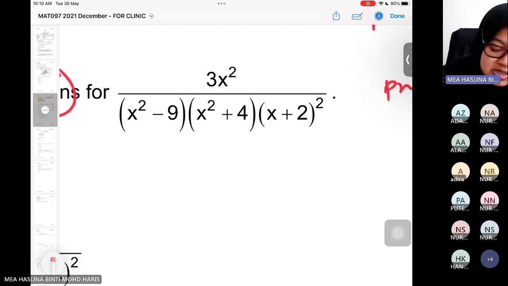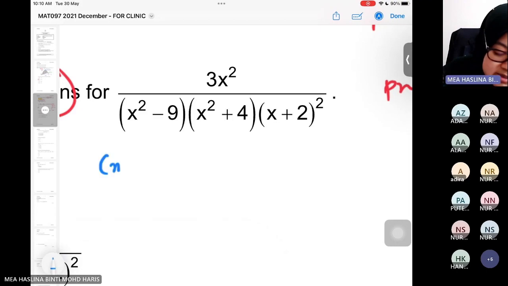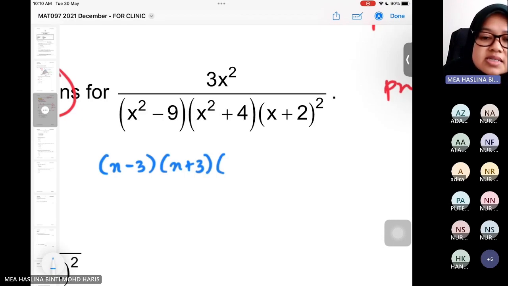The first one, x squared minus 9, can be factorized to be x minus 3, x plus 3. The second one is irreducible because when you try to find the roots, they will be complex roots, so it remains as an irreducible quadratic.